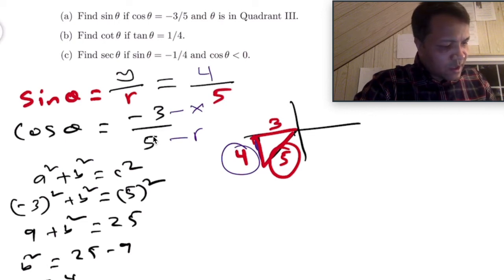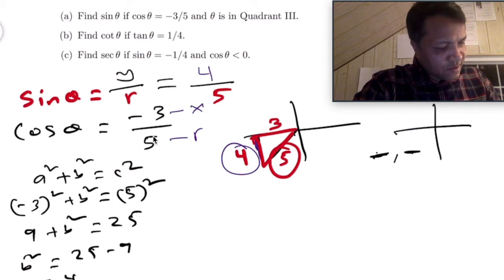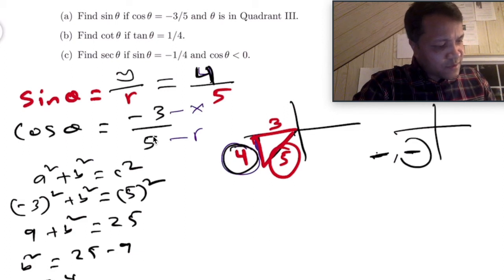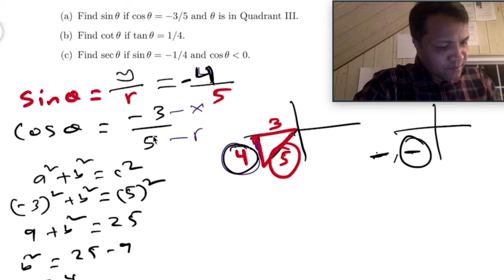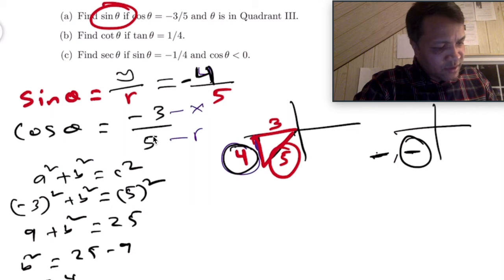Remember, in the third quadrant, x is negative, and y is negative. So since this 4 is y, this should be negative. So our final answer is sine theta in the third quadrant, when cosine theta is negative 3/5, then sine theta is negative 4/5.